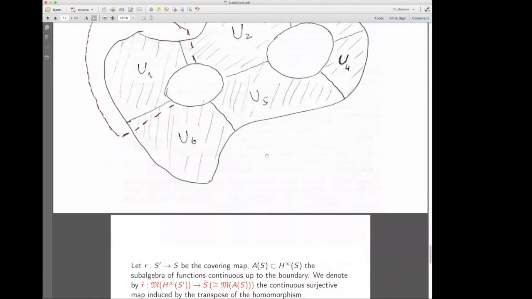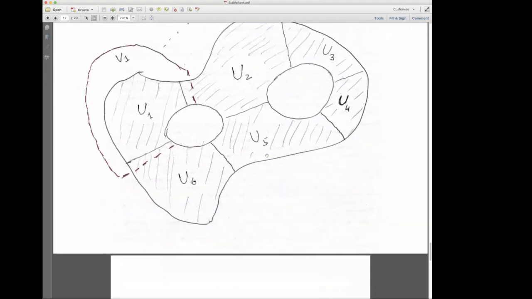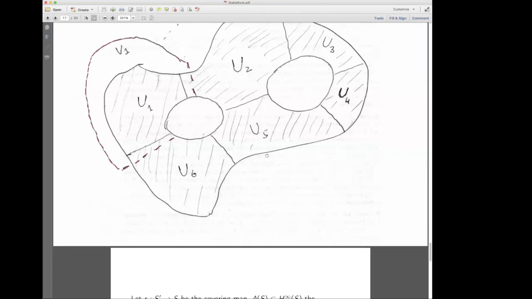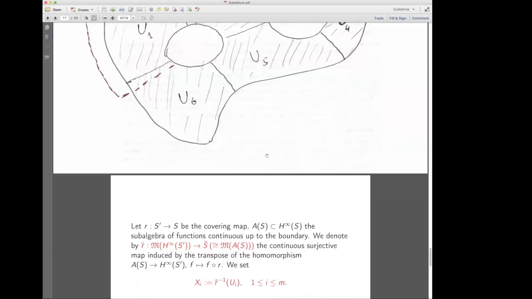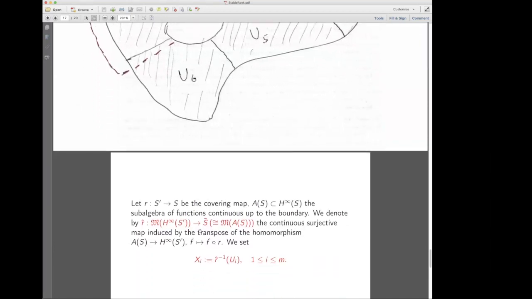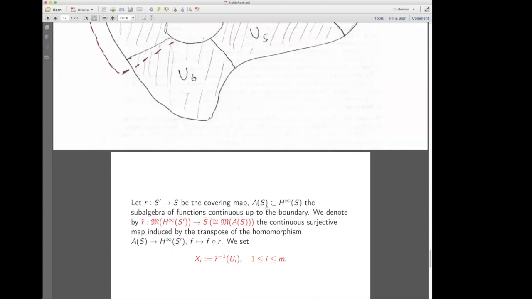Now, using the existence of such a cover, let us show how to find the sets Xi from the proposition. So let R: S prime to S be the covering map. By A capital S, I'll denote the subalgebra of functions continuous up to the boundary.